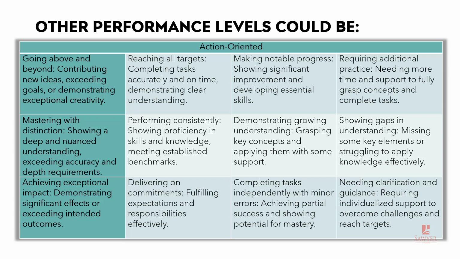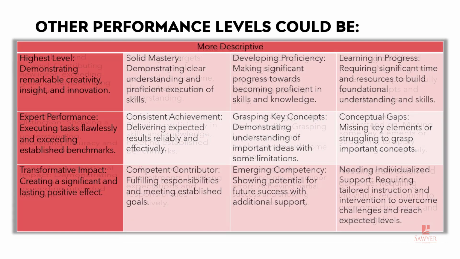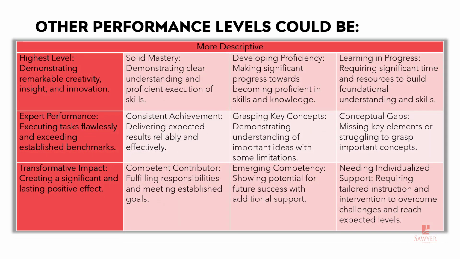So there are all kinds of different levels of standards of excellence that you can use. And then one more is something more descriptive, such as the highest level of achievement is demonstrating remarkable creativity, insight, and innovation, solid mastery, demonstrating clear understanding, developing proficiency, and learning in progress.